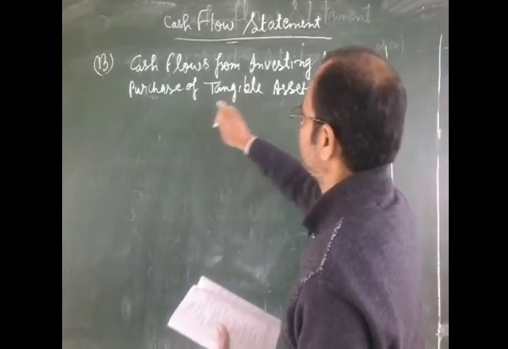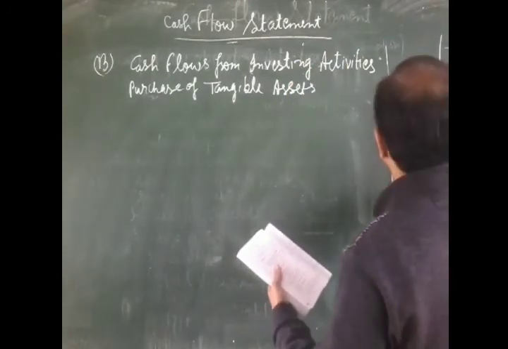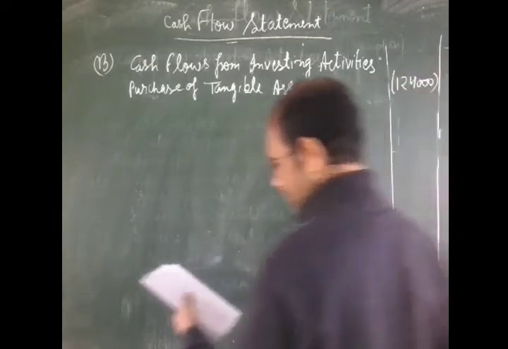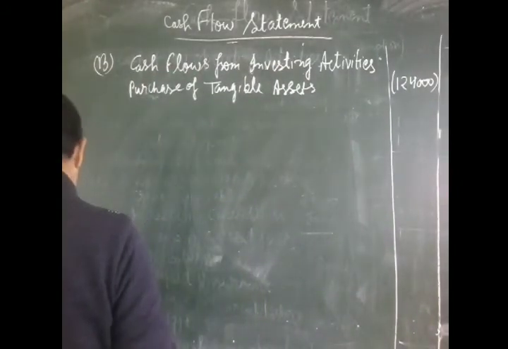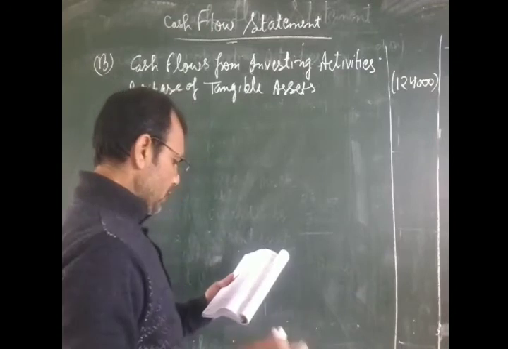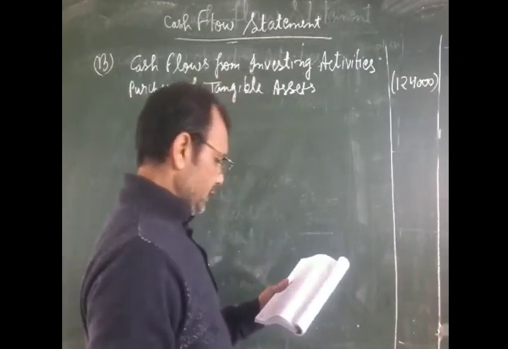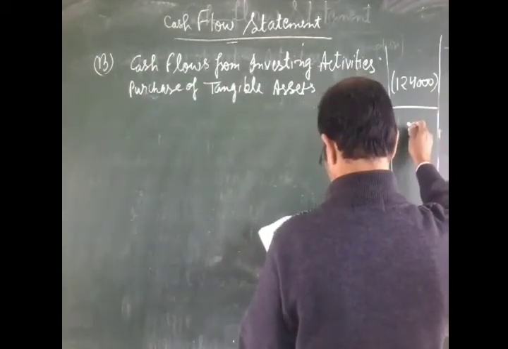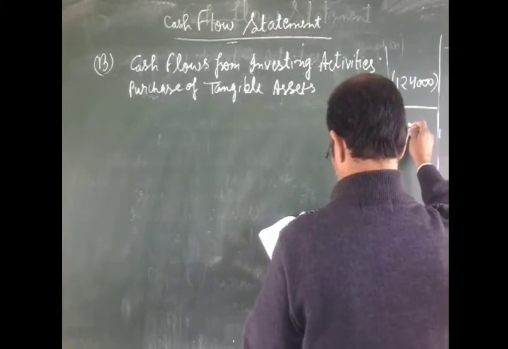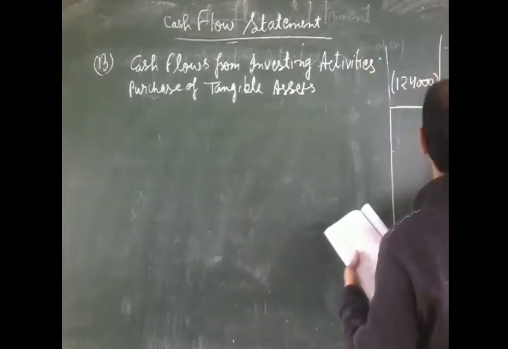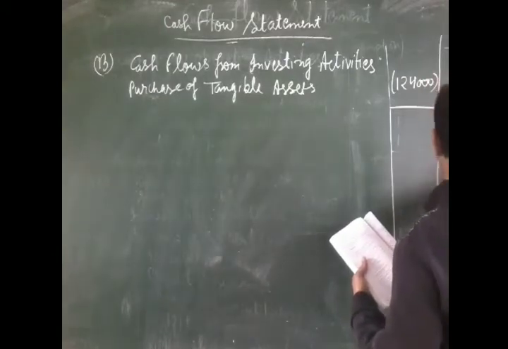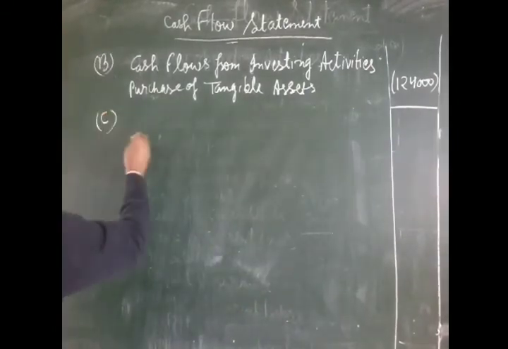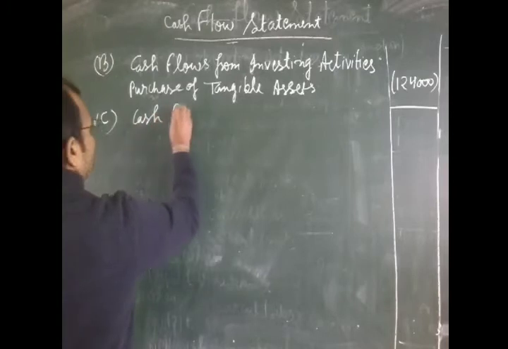As you know, we are purchasing, so the amount will go out from our business, so we will write here in bracket 1,24,000, and no other asset is increasing or decreasing, so we will write here 1,24,000.